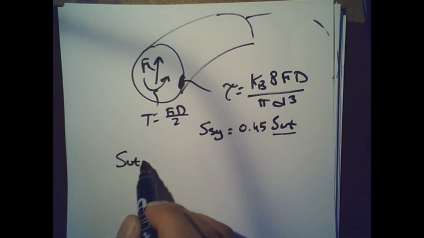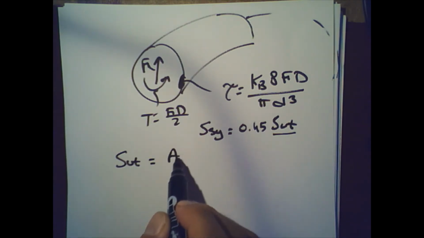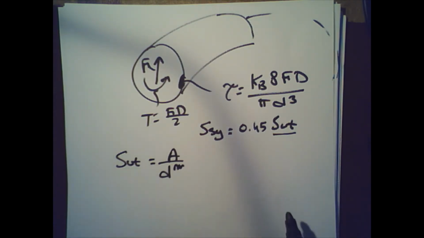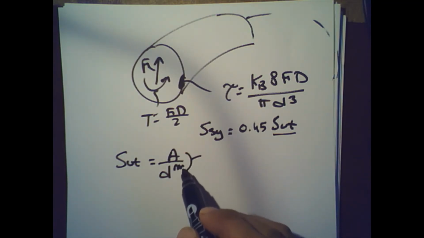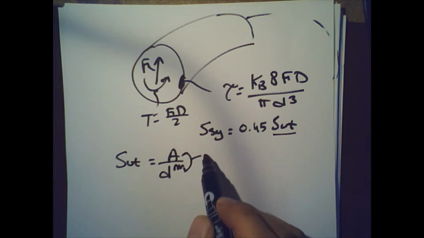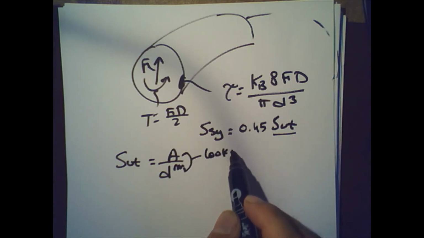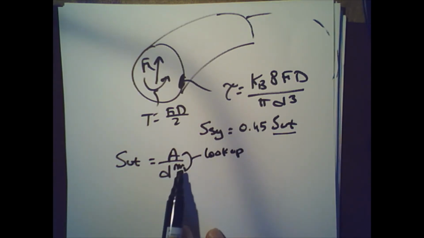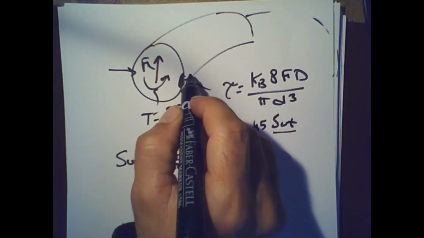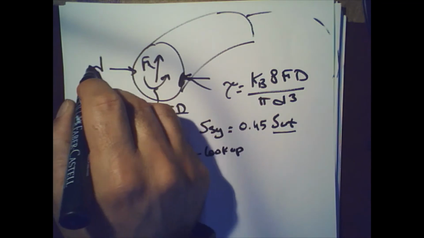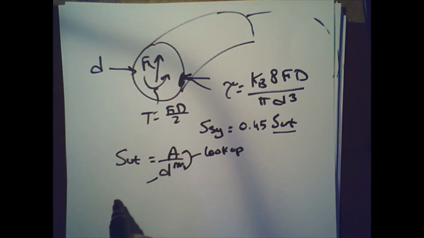SUT was equal to A over d to the m, and we can look up the m and the A in the lookup table. So you look up A and m, and then d is going to be this diameter, right? So d was equal to the wire diameter.